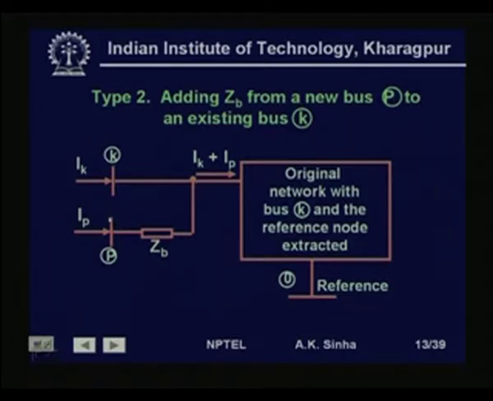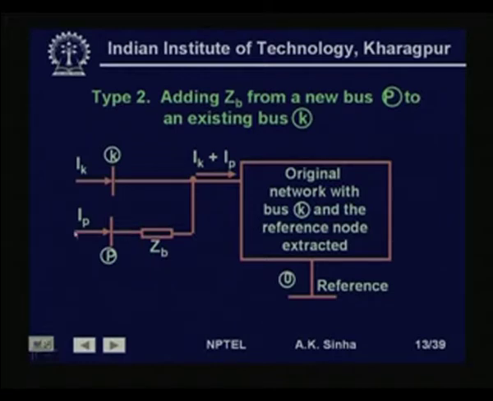Since we have added a new node P, we are adding it by connecting it through a branch Zb to the node K. This is what is indicated here. To the node K, we are adding this branch from the new node P.